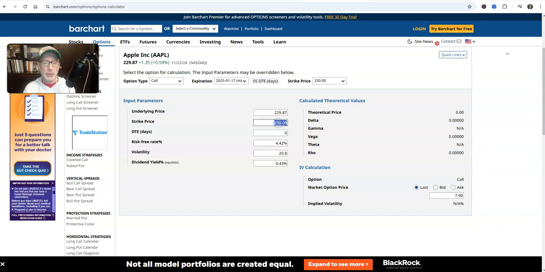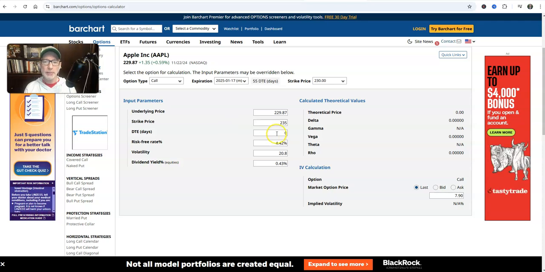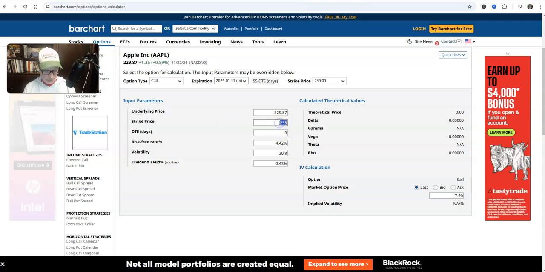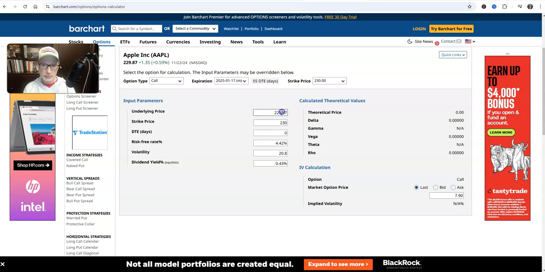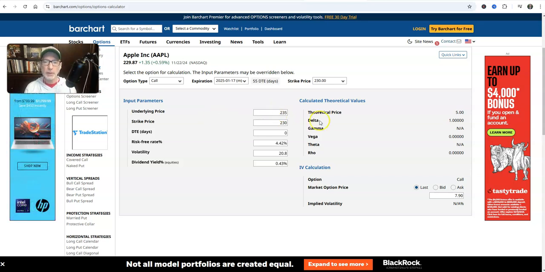Let's say that Apple goes up to $235. I'm sorry, not that. We'll move the stock price to $235. Okay, so it's in the money. Your strike price is $230, the underlying price is $235. It's in the money by $5. Here's the value of the call option, $5. Now this is where definition number 2 comes in.